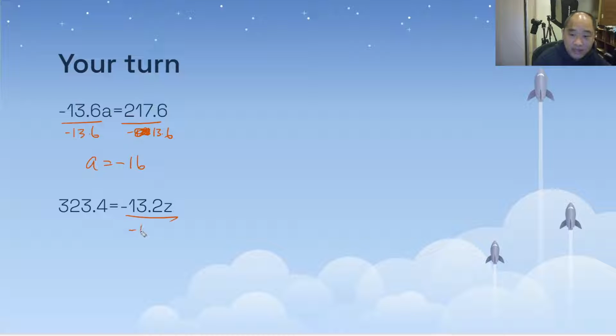And last one, 13.2. We're going to divide both sides by negative 13.2. So 323.4 divided by 13.2 is 24.5. A positive divided by a negative is a negative. z is equal to negative 24.5.